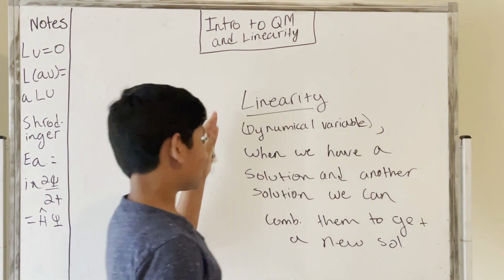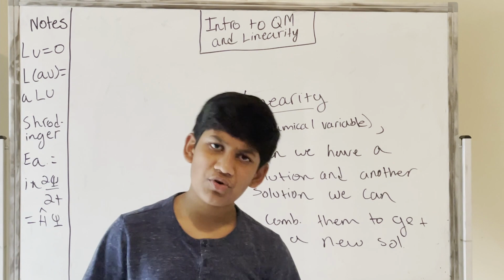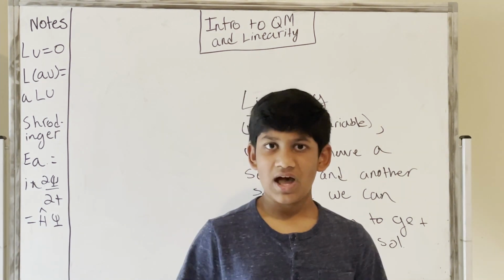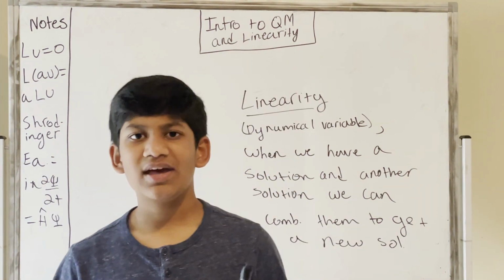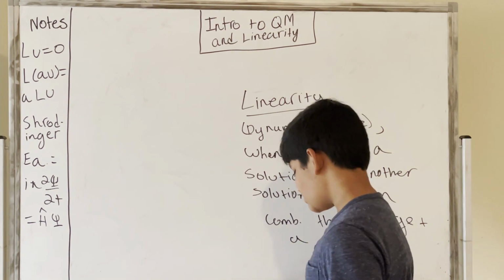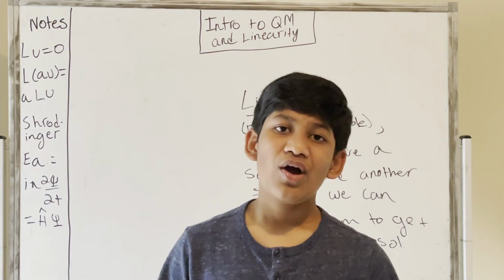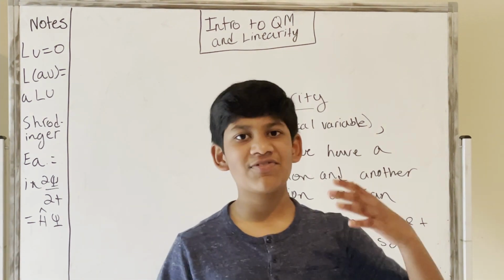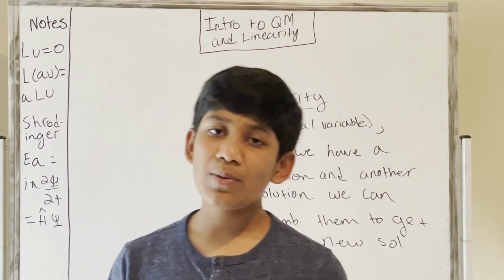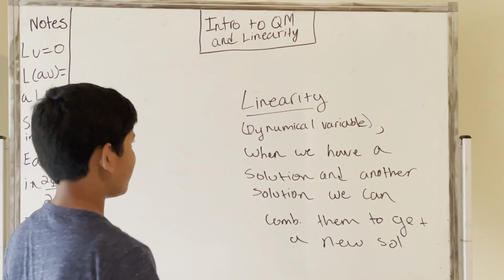Now let's look at the laws of linearity. You might be wondering, I thought linearity was just about a few words, but actually it has some laws. Linearity is described as a linear operator. What's an operator? Imagine we have addition, subtraction, multiplication, and division. So we can write it over here.